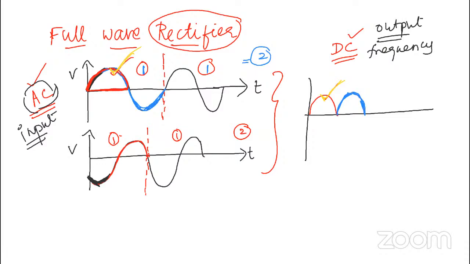So what the full wave rectifier does is cut this half portion and it should be allowed right next to it. After that, here these black portions, this black portion should be cut into half. This half portion should be cut. So the half portion should remain here, and the remaining half should be cut here. So here this is the remaining portion.